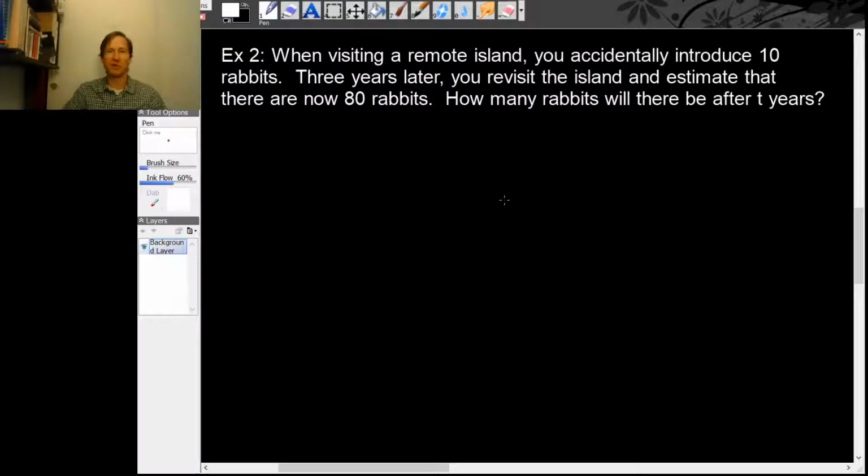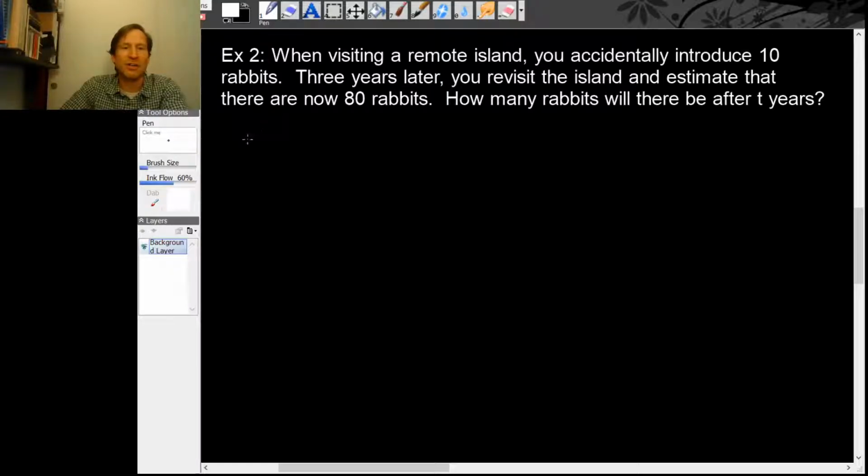When visiting a remote island, you accidentally introduce 10 rabbits, and 3 years later, you revisit the island and estimate that there are now 80 rabbits. How many rabbits will there be after t years? In this sort of situation where you have a population that is relatively unconstrained, this is often modeled using an exponential function for exactly the reason that we saw in the previous example.